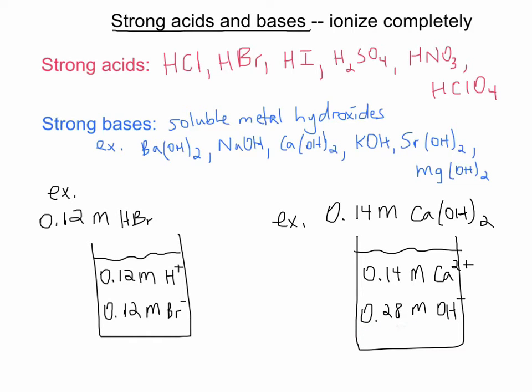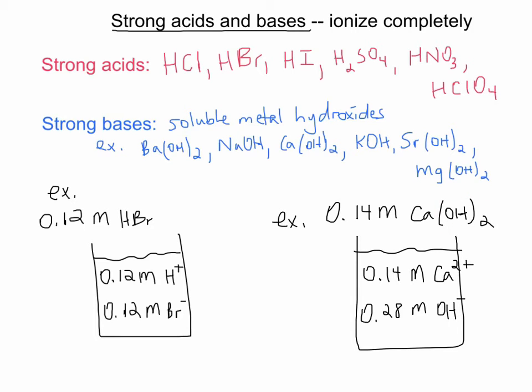How did I get 0.28 molar? Well, if there's double the amount of OH- in one Ca(OH)2, then I need to double the concentration. When this Ca(OH)2 ionizes in solution, it's going to break up into one Ca2+ and two OH- ions.